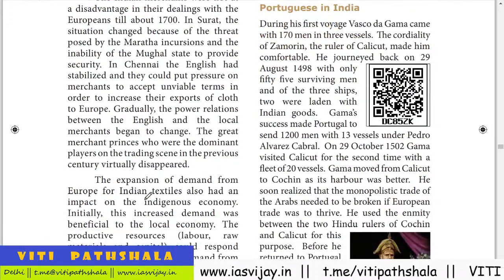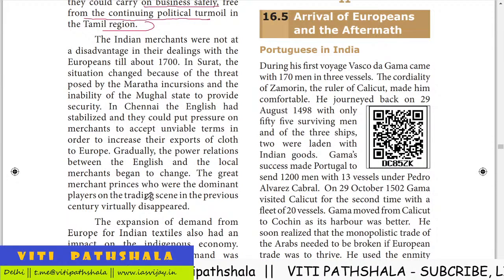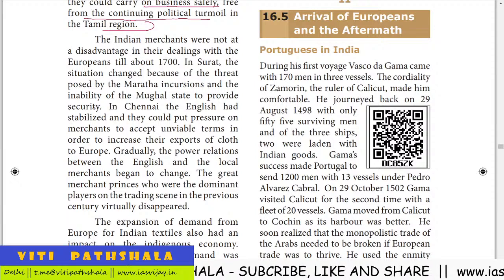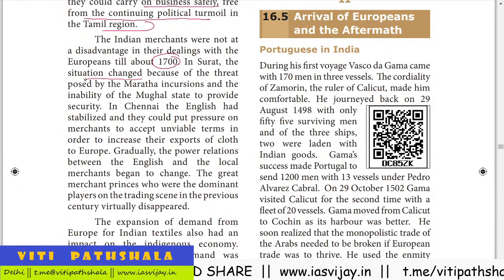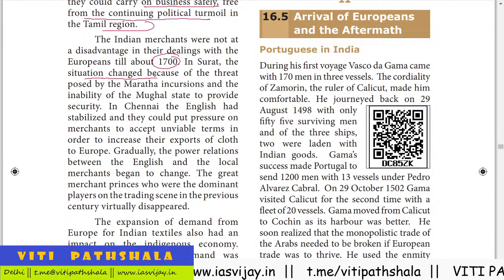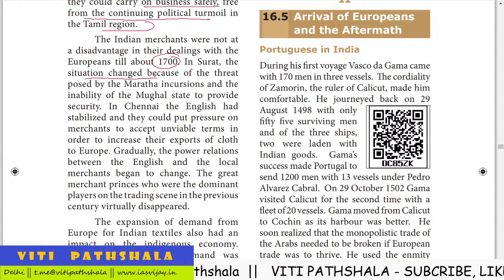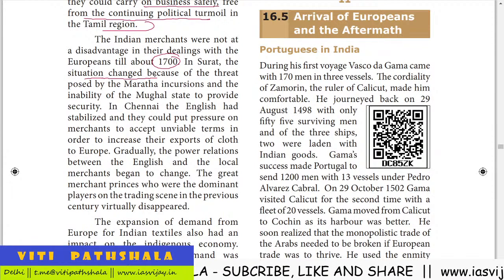Now the Indian merchants were not at all at a disadvantage in their dealing with the Europeans till about 1700. In Surat, the situation changed because of the threat posed by the Maratha incursion and the instability of the Mughal state to provide security.